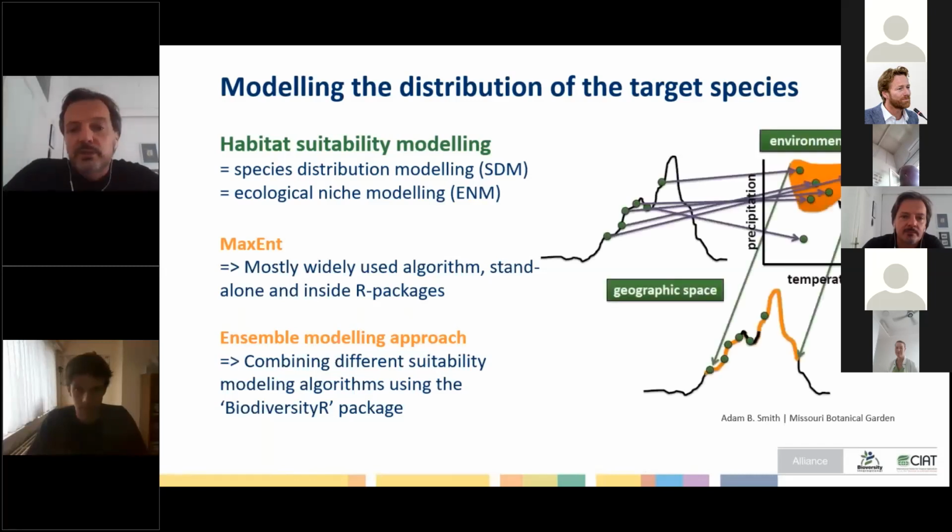What these models basically do is start from species occurrence points that you see here in the geographic space. You see basically the latitude and longitude coordinates of our tree occurrence, so single tree species. This geographic space is translated into an environmental space. This means that we extract environmental data from the occurrence points.